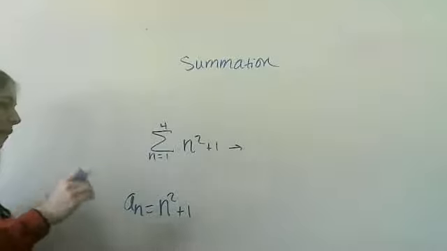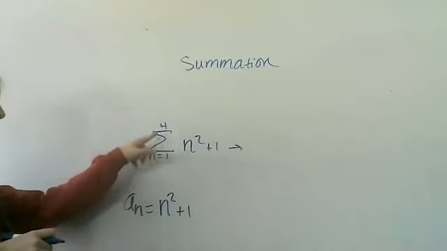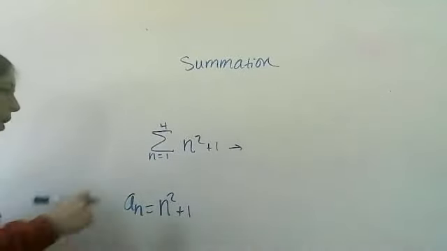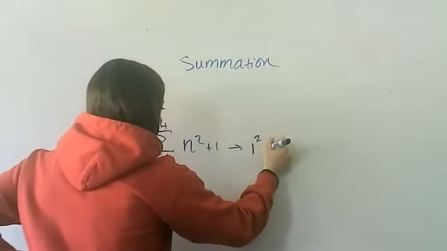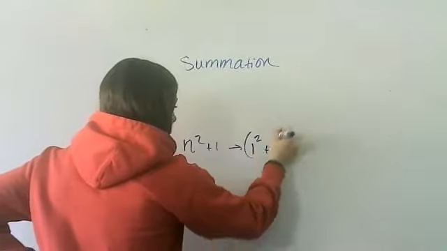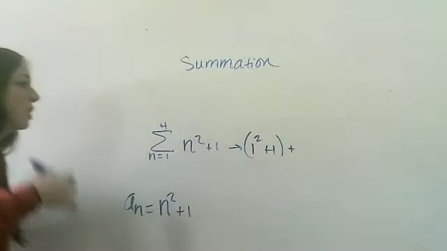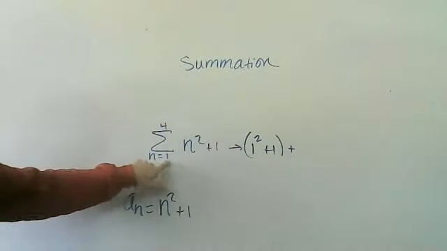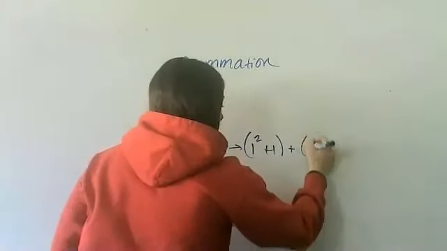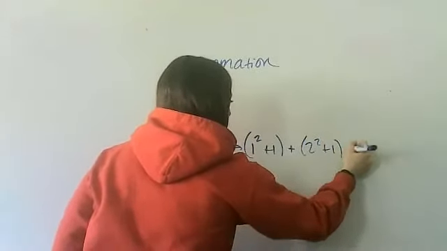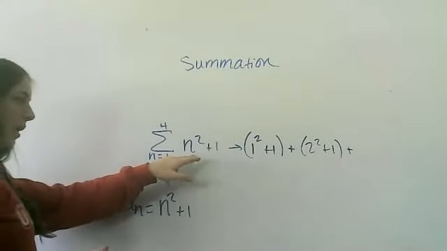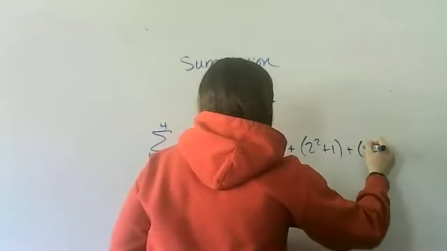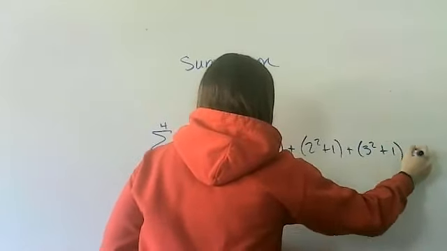So I go through every term between my bottom term and my top term. So I would first start off by saying, okay, plug in 1 for n. So 1 squared plus 1. And then I have to add that to the next term. So now I'm on 2. 2 squared plus 1. And now I have to add that to my third term. Now I'm on 3, plugging 3 for n. 3 squared plus 1.